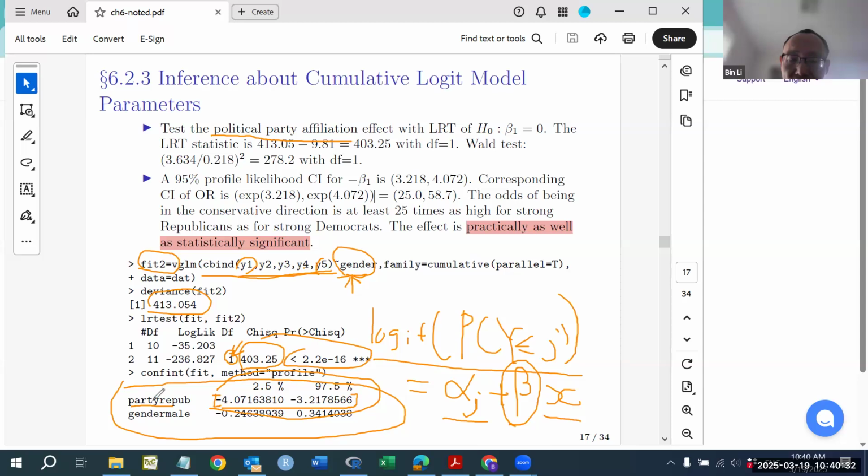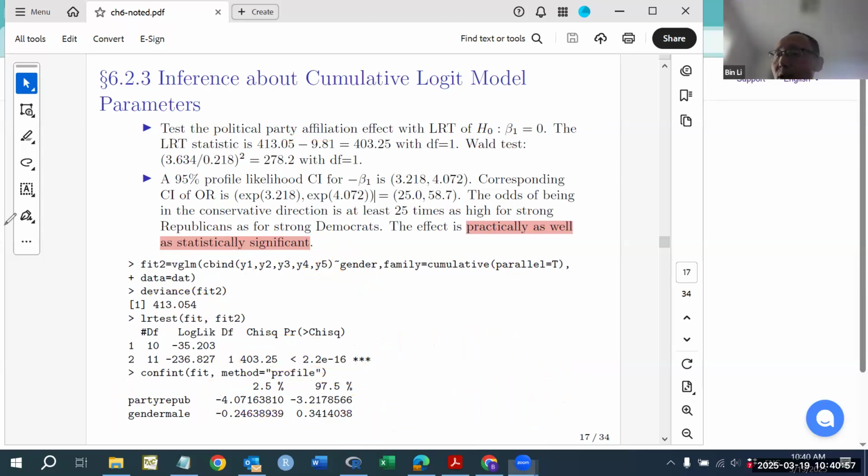So the party affiliation has a very strong impact. But for gender, the lower and upper limits actually include 0, so that means gender does not play a significant role for the political ideology. Okay, so that's how we do the inference. We can do the likelihood ratio test, and we can also have the confidence interval.